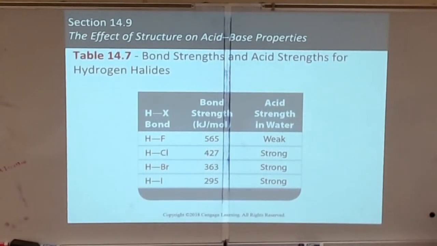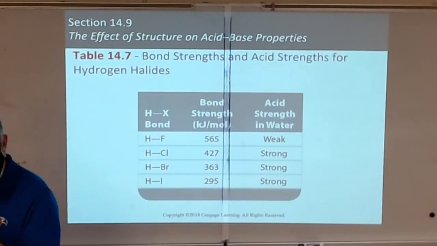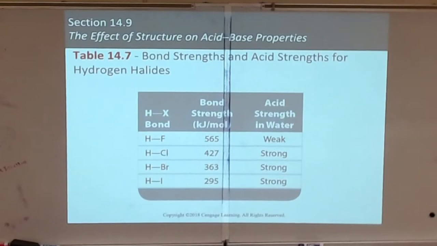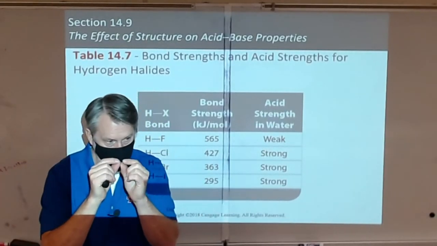Even though they're only +1 charges, remember fluorine's this little baby, and the proton is really, really small, and they get closer together because of whose law? Coulomb's law, Coulombic attraction, right?